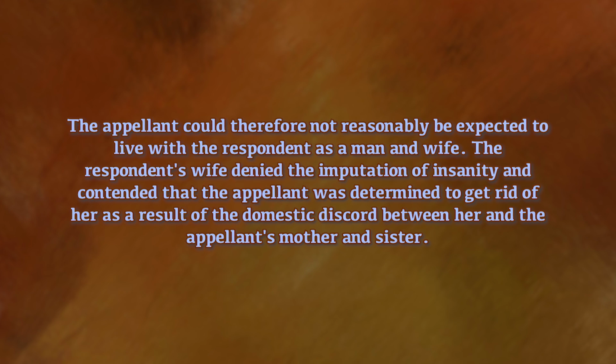The respondent wife denied the imputation of insanity and contended that the appellant was determined to get rid of her as a result of the domestic discord between her and the appellant's mother and sister. The respondent wife produced a copy of the order passed by the magistrate in proceedings initiated by the appellant husband under the Indian Lunacy Act 1912, that there was no abnormality in her requiring institutional treatment.